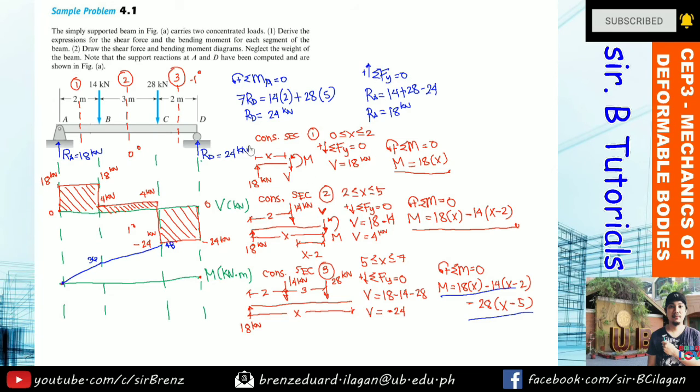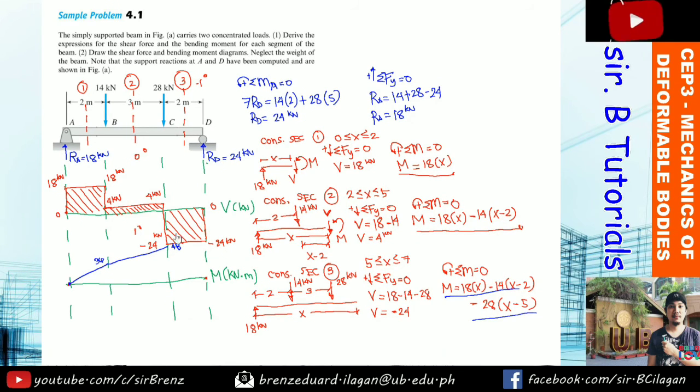It says 48 still. Last, there is another change in load at point D, where the support is. Input x equals 7. It is 0 here, which is correct because, as I said, the supports should be 0.